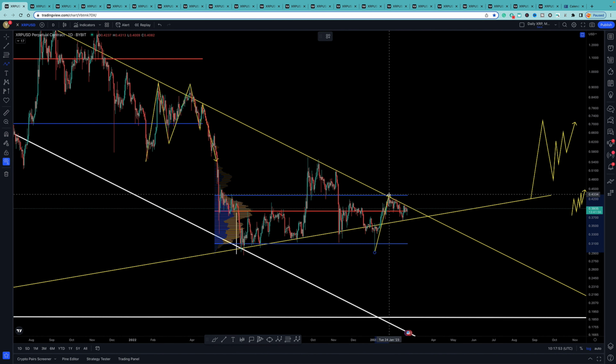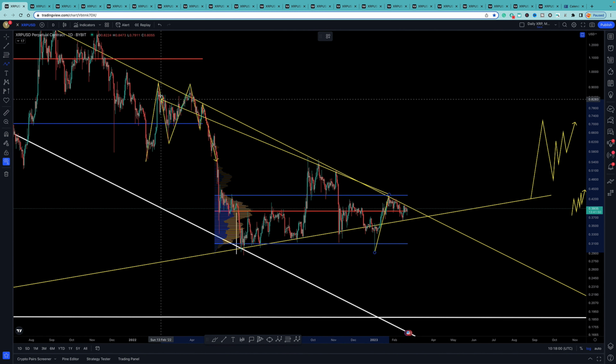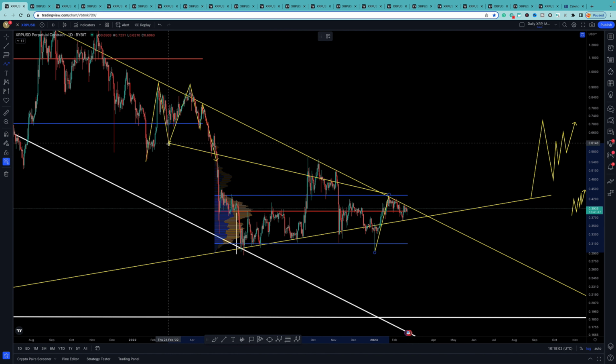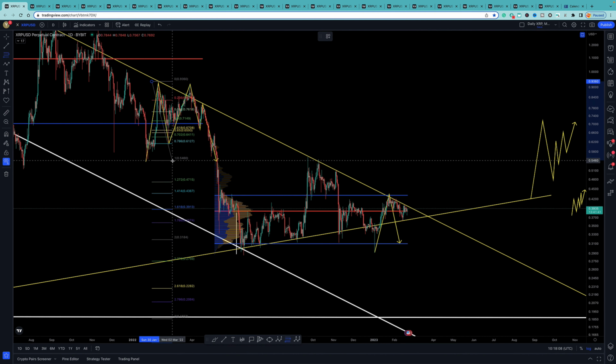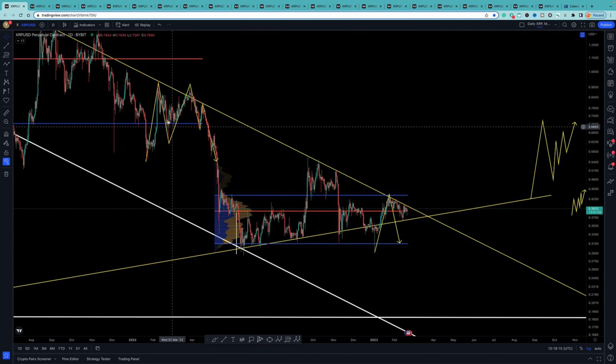We're here, we've had our lift, and we haven't had that fuller correction. You can see here that was a nice 786 correction.